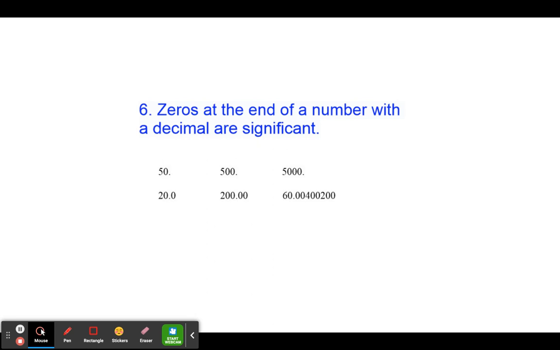That's a tricky one. What about 200.00? 5. What about 60.0040020? 10. What about 4,300 with a decimal point? 4. Any questions about those?